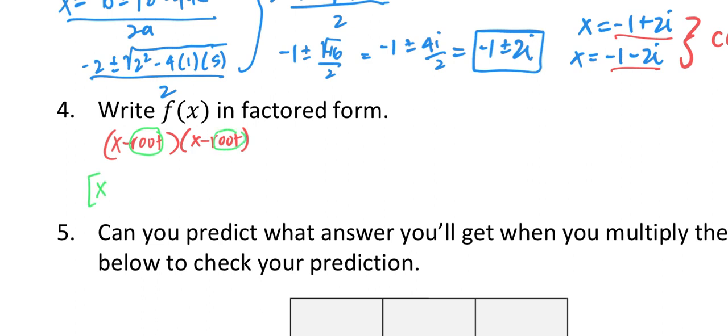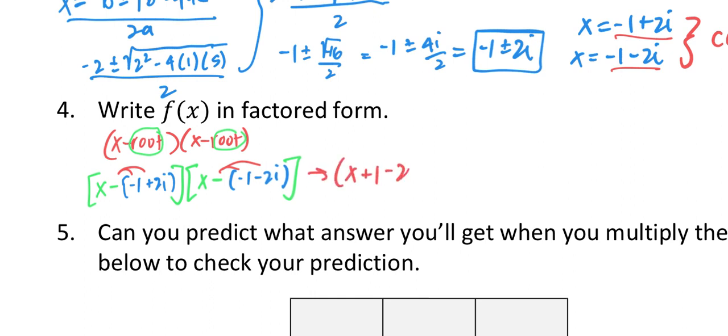So we're going to do x minus negative 1 plus 2i times x minus negative 1 minus 2i. And let's clean it up a little bit. Let's distribute the negatives. So I would get x plus 1 minus 2i times x plus 1 plus 2i. And that is my factored form.